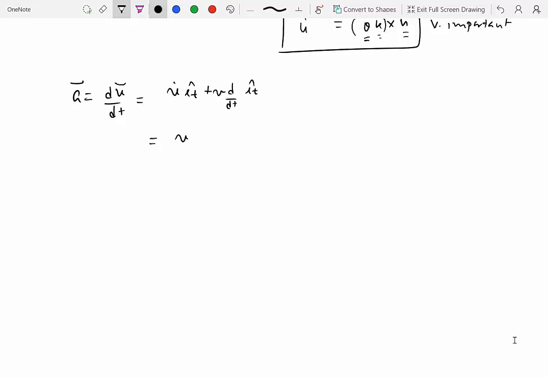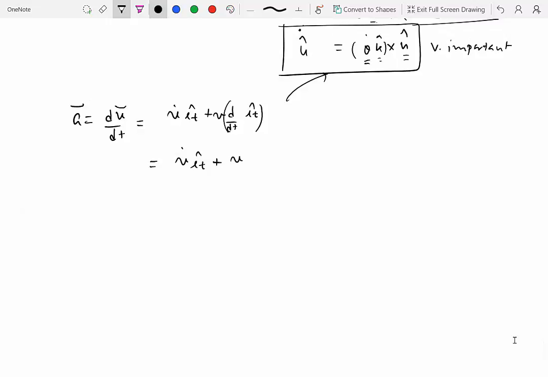So v dot et hat plus v times the derivative of a unit vector. And what is the derivative of a unit vector given as? By this relationship, theta dot k cross the unit vector itself, right? Okay. So this is v dot et hat plus v theta dot k cross et.